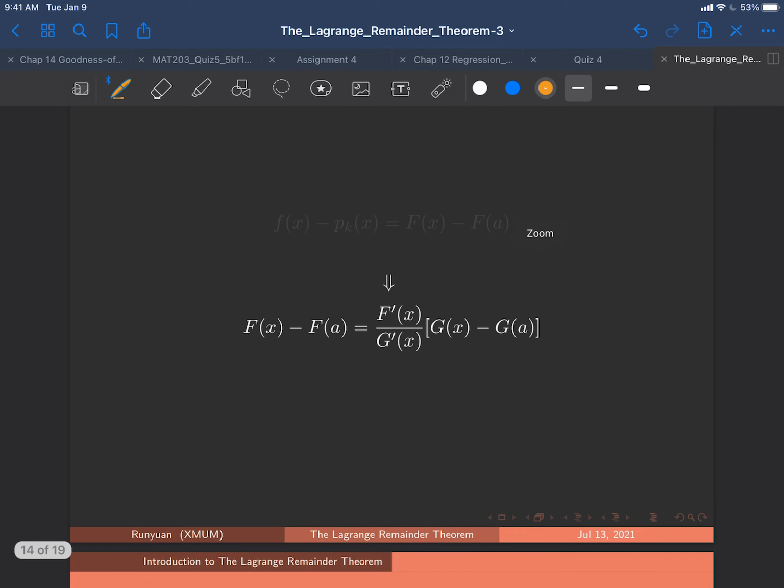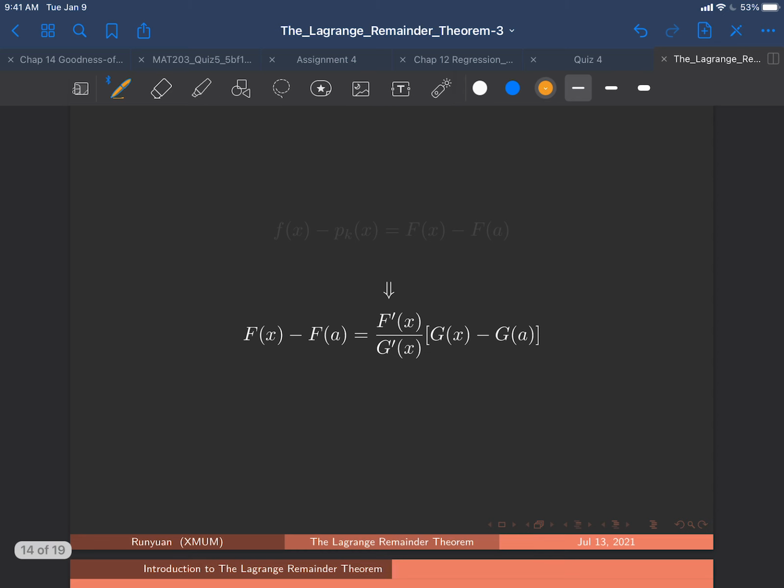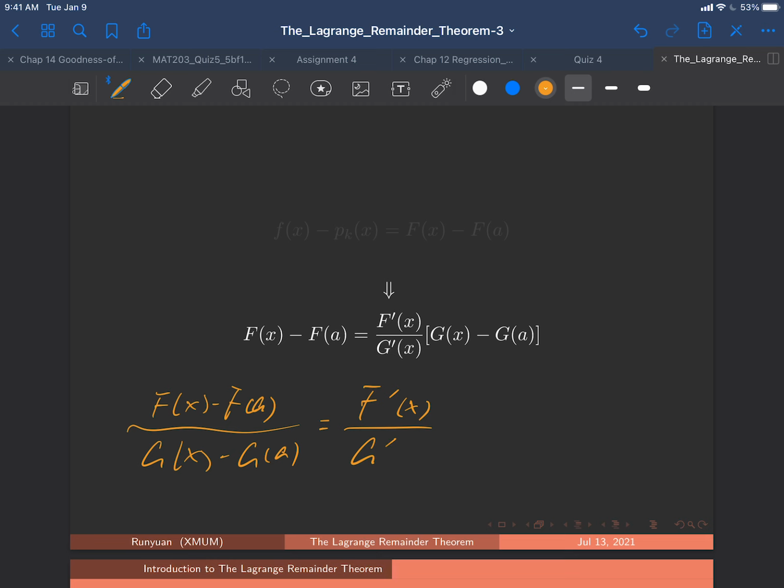And from the Cauchy mean value theorem, f(x) minus f(a) over g(x) minus g(a) will equal the derivative of f over the derivative of g, and we get this function.